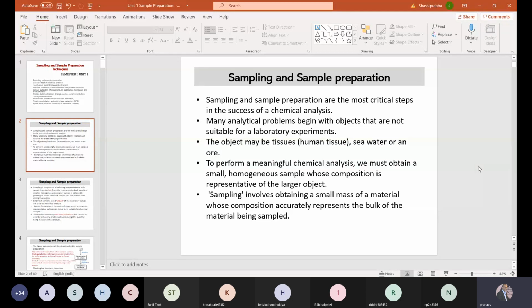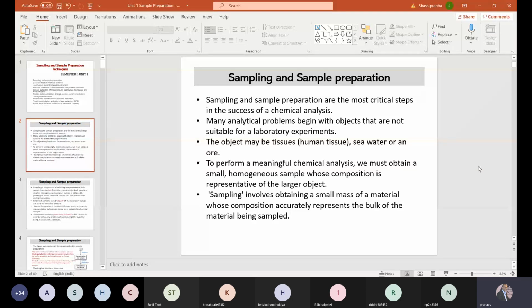Sampling involves obtaining a small mass of a material whose composition accurately represents the bulk of the material being sampled. Again, the same thing is emphasized here, that in sampling what we do is we collect a small amount of sample from a large amount of sample available.